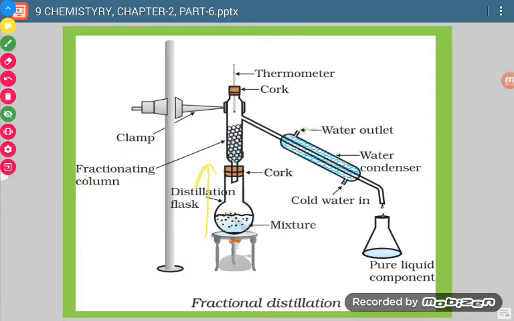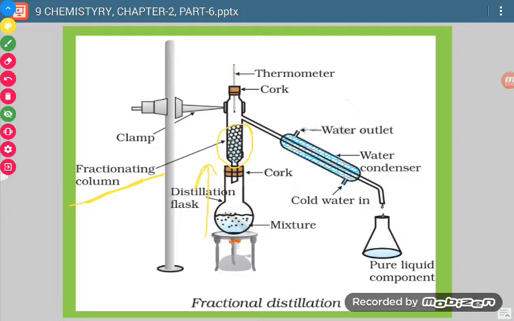Now the component vapors which have the higher boiling point undergo condensation in this portion itself, because they cannot sustain their form in the gaseous state. They will come back to their liquid state here itself.